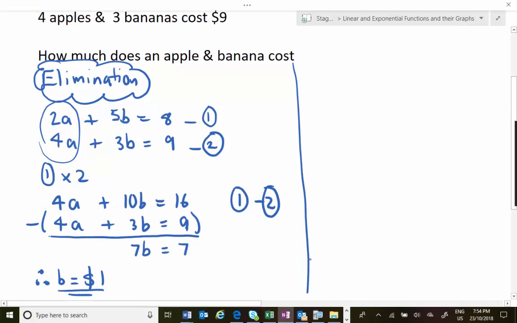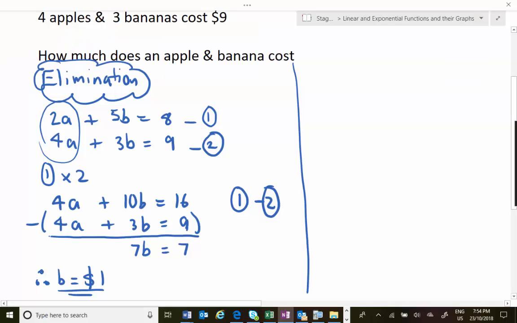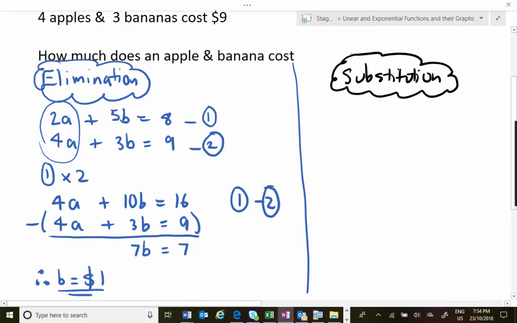There is another way of doing this, and we'll do it in black. This is called the substitution method. In this particular case, I wouldn't use the substitution method because I've been given two equations like that. The substitution method requires me to rearrange these equations.